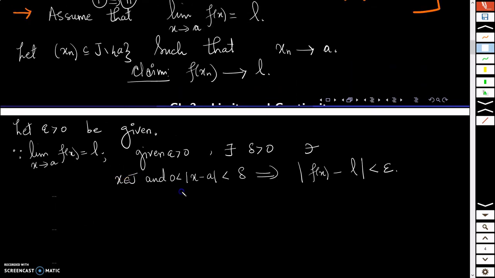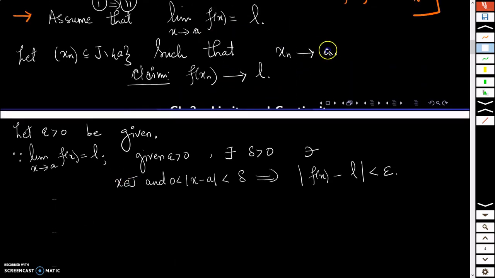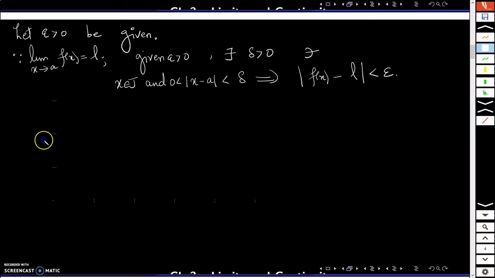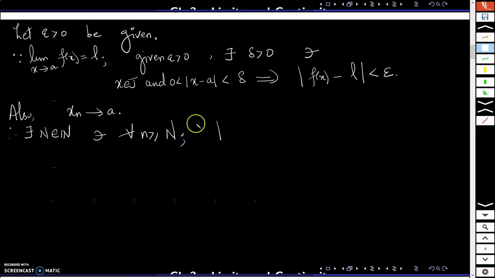Also, we are assuming that the sequence xn is converging to the point A. Okay, so since xn converges to A, for this same epsilon positive, I can find a natural number capital N such that for all n bigger than or equal to this capital N, after this stage, |xn − A| can be made less than epsilon.